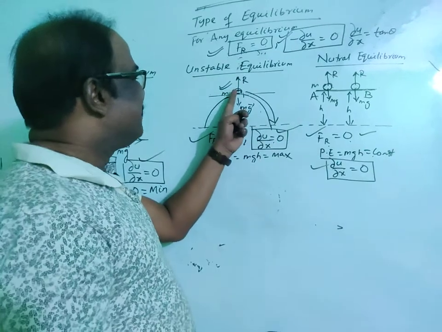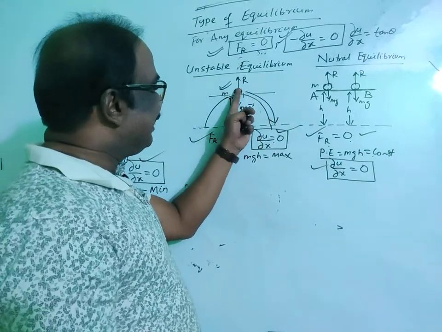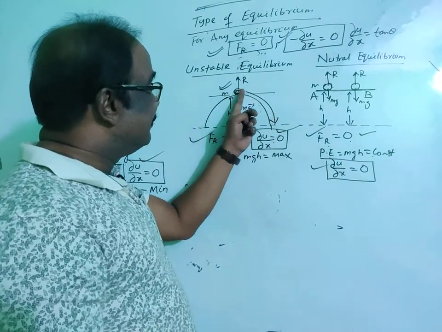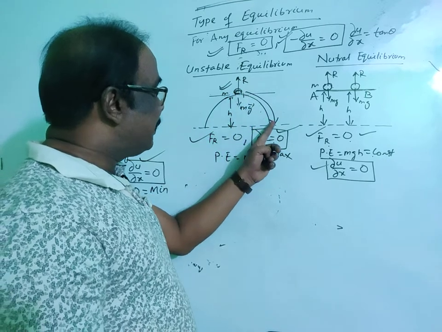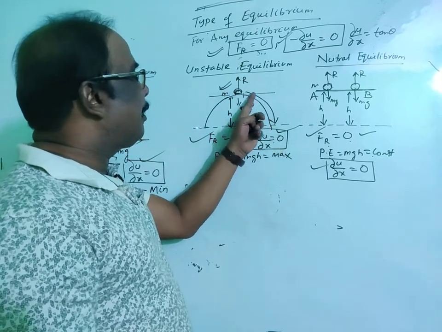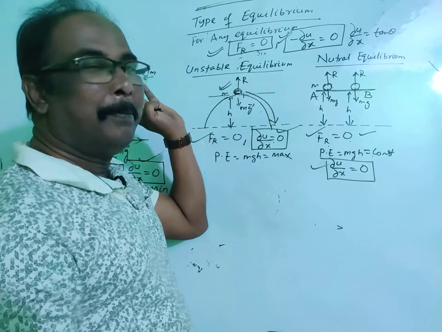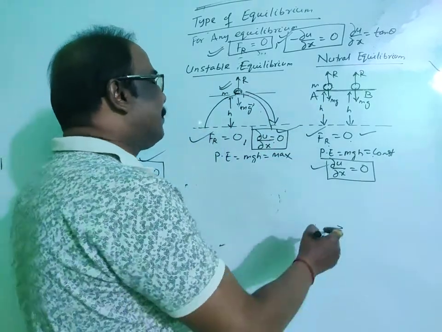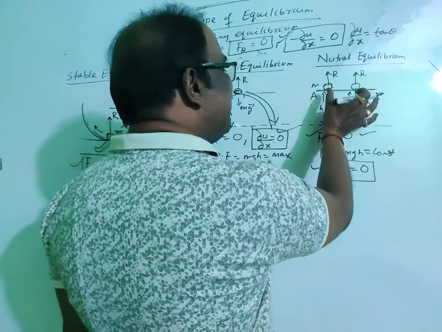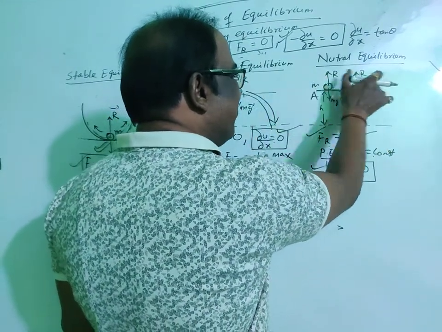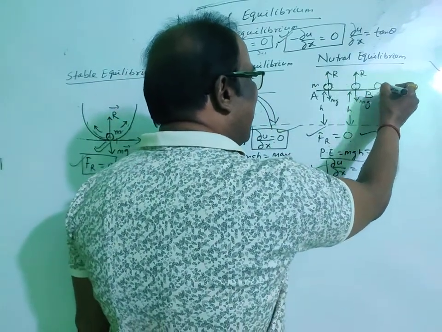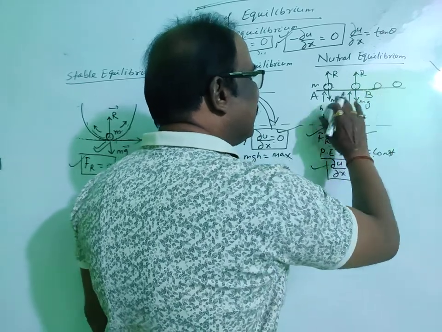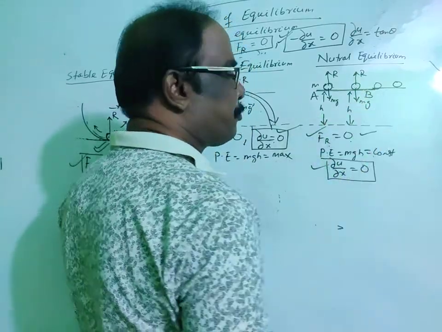But here, if it is tilted a little, it will come along the hemispherical path and can't retain its original position. But in this case, potential energy is mgh at every position. Wherever the body may go, at every position, potential energy is mgh.